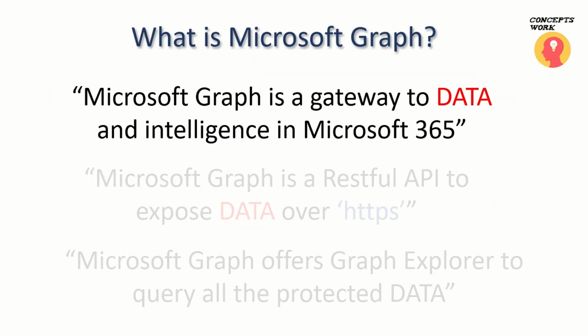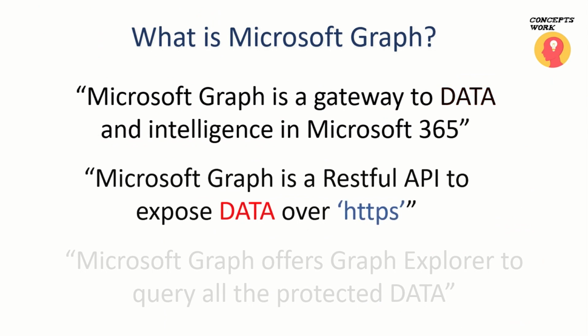Okay, the next common statement that you might have heard is Microsoft Graph is a RESTful API to expose data over HTTPS. Now, most applications these days are secured, so they work on HTTPS. Everything is secured, so the most preferred method of communicating over HTTP now is HTTPS itself.